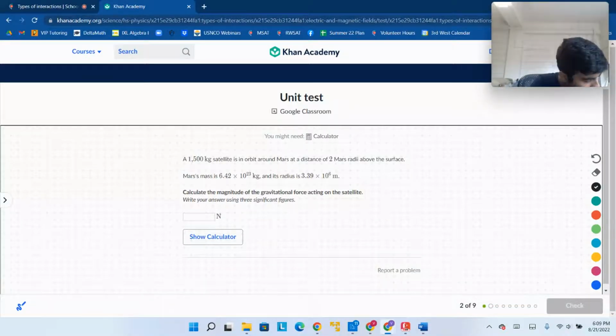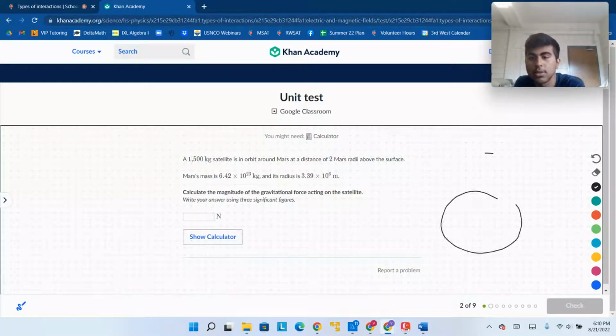All right, so 3.39 times 10 to the 6th meters. That's going to be the radius at this point. Now we're a distance of 2 Mars radii above the surface. So if we drew a circle, you're up here.